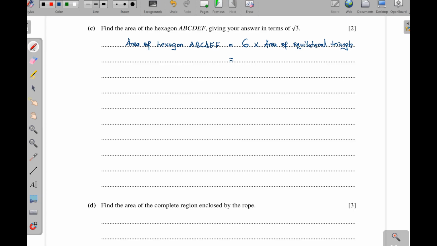So this one is going to be 6, then times the area, which is a half, then times 40 times 40, then sine of the angle in between, which is pi over 3.